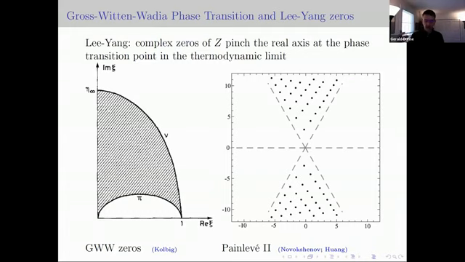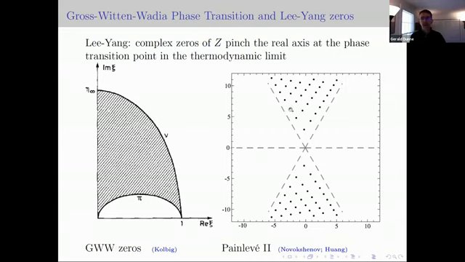At any finite n, there is no phase transition, but the partition function has zeros, but they're complex zeros. The idea of Lee and Yang is that as n goes to infinity, these complex zeros will pinch the real variable axis, this would be t here, at some particular point, and that will be an indication of a phase transition. This was some conjecture of how it would behave.